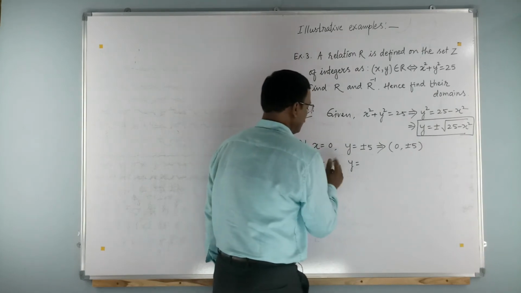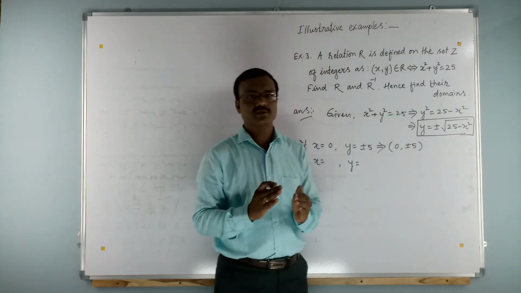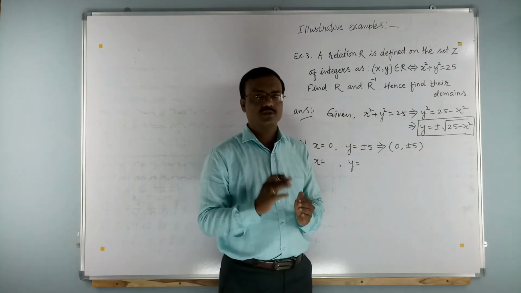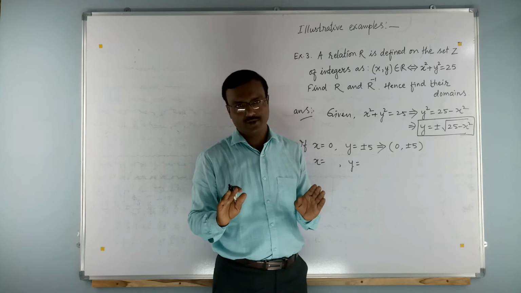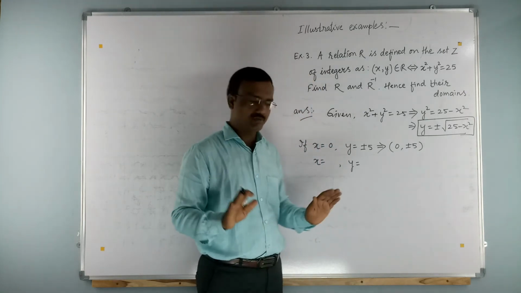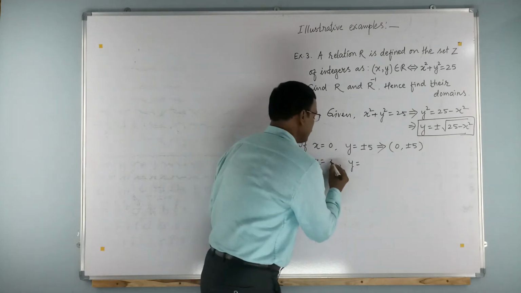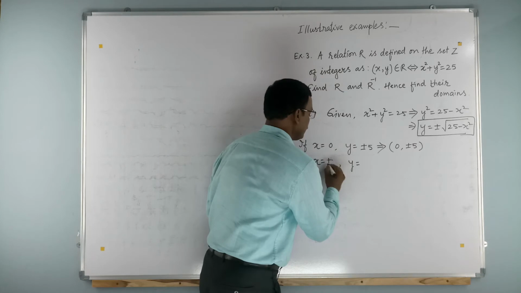Now let us try for 2. 2 square is 4. 25 minus 4 is 21. 21 is again not a perfect square. So again finding value of y as an integer is not possible when x is 2. Then for 3, plus or minus 3.